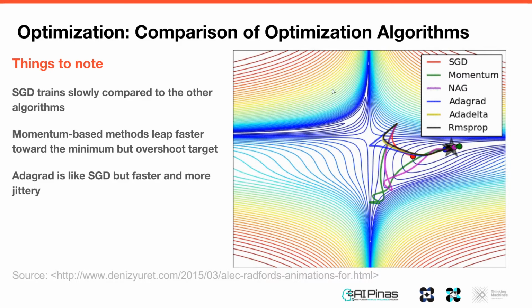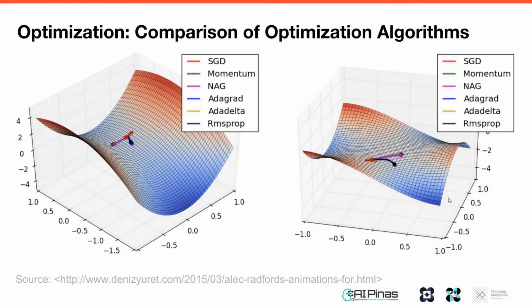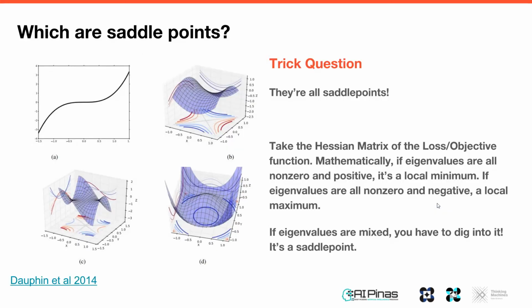You might end up then with an optimization function that takes you down here or down here rather than here. So here's another nice illustration of how the different algorithms build you a little bit of intuition about how they train and what they might do in these saddle point scenarios.